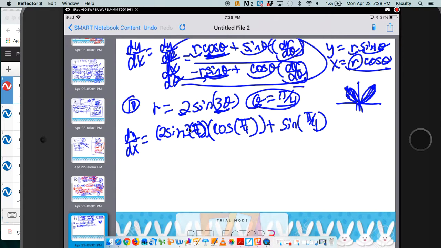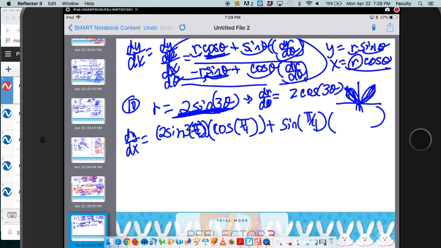And I haven't found dr d theta yet. If I did that, dr d theta would be 2 cosine 3 theta times 3, so 6 cosine 3 theta is dr d theta, which I need right here.